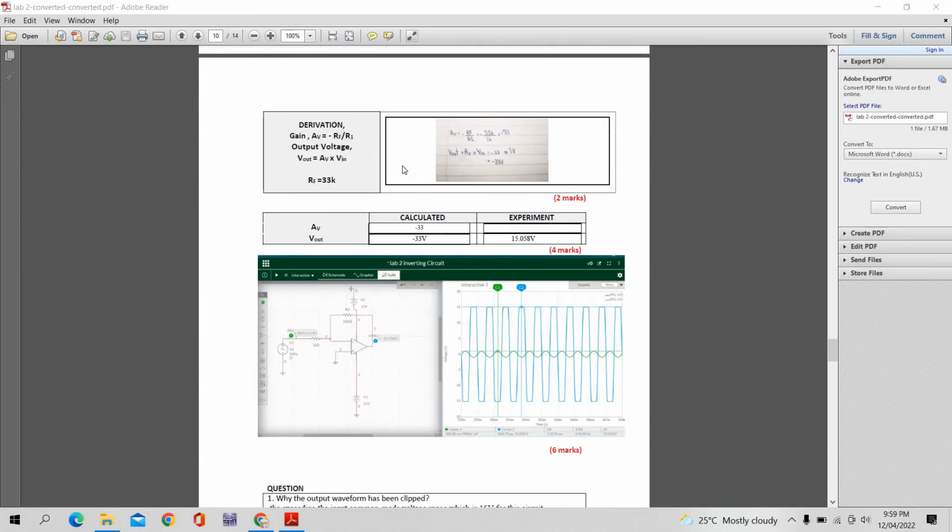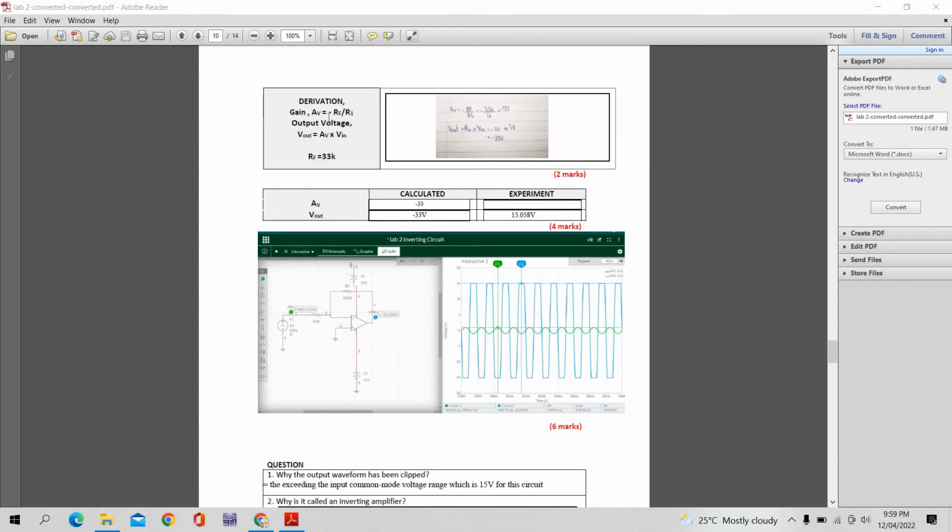For the third inverting operational amplifier circuit, we use RF as 33k ohm. We calculated the gain value, which is negative 33, and the V out is negative 33 volt.